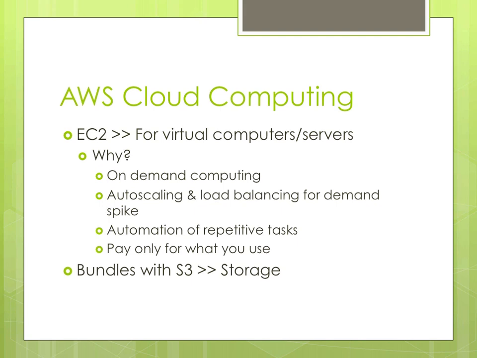It is on-demand computing. It can get you auto scaling, load balancing for demand spikes. You can automate repetitive tasks. If you see a web spike happening at certain times, or a web spike is usually preceded by a CPU spike and a memory spike, you can set those parameters and you can have an elastic load balancer, and you can fire up the exact same machine that you want programmatically.